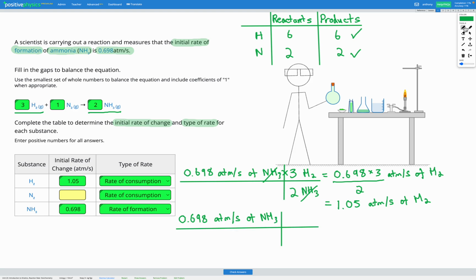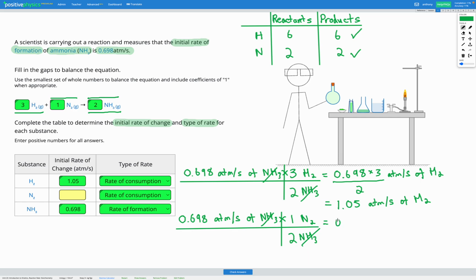This time, looking at my balanced equation, I'm looking at nitrogen and ammonia. So for every 1 mole of nitrogen, we create 2 moles of ammonia. So I'm going to again put ammonia on the bottom here. I'm going to put nitrogen on the top, and then I'm going to put in those numbers. So 1 mole of nitrogen gives 2 moles of ammonia. So now the ammonia is going to cancel. We're going to multiply everything on the top, divide by everything on the bottom.